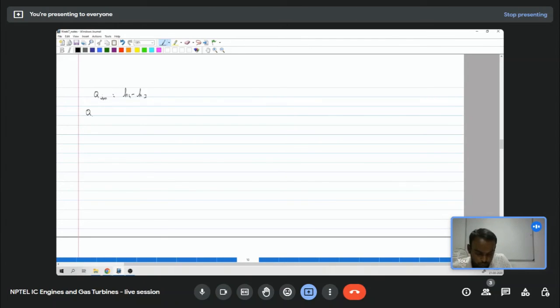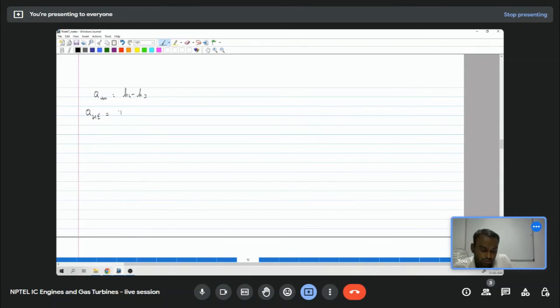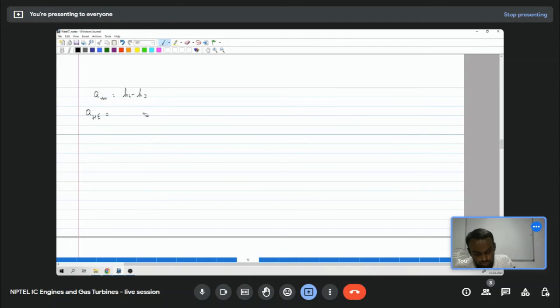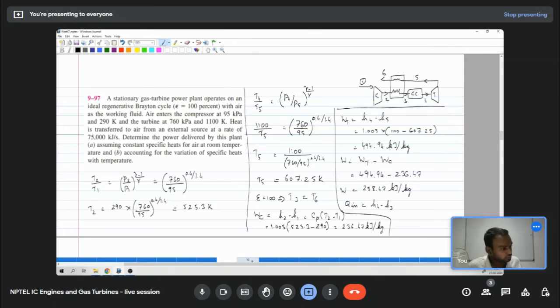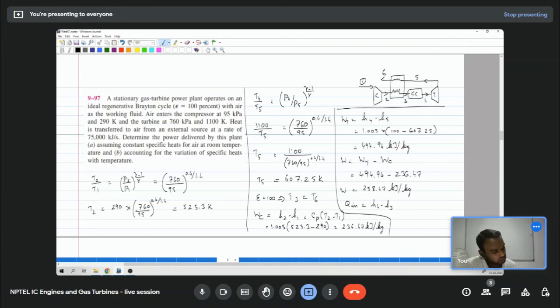And from the heat exchanger we know T5 minus T6 is equal to H3 minus H2. Here we know that H3 and H6 are same, and 2 and 5 are also known.